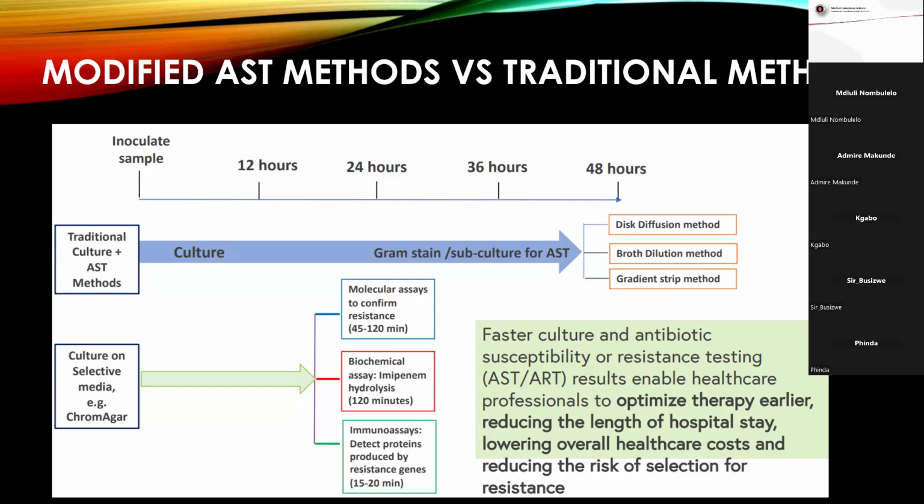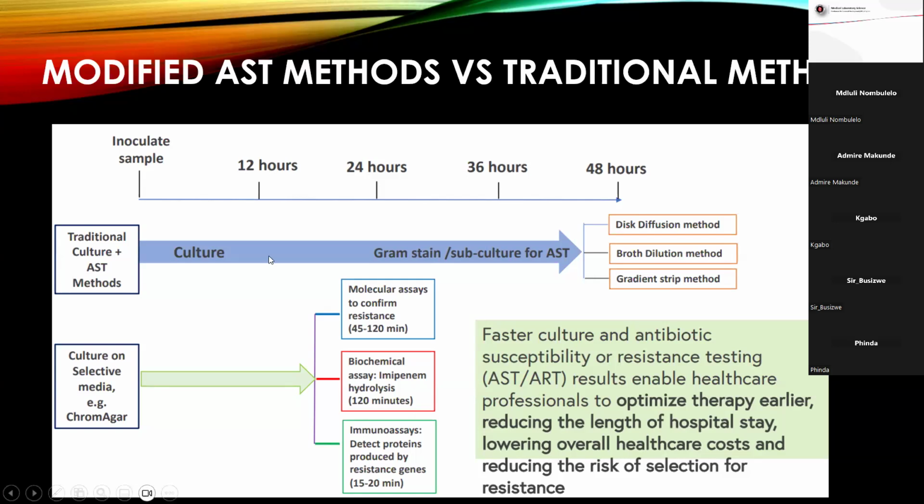There are also some organisms which are slow growers. So you might end up getting the pure culture maybe after 4 days of culture. That's why the turnaround is a little bit prolonged. But there are other methods which have shortened it.